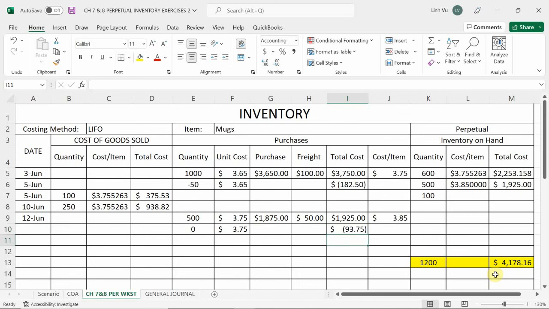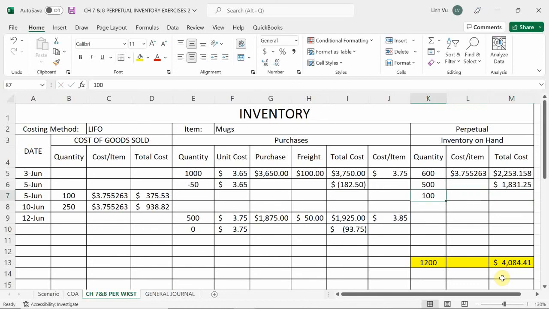How much is your new grand total cost? Because it's no longer 1925. How much is it really? It's 1831.25.